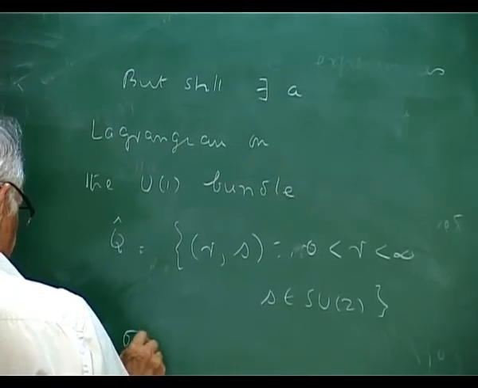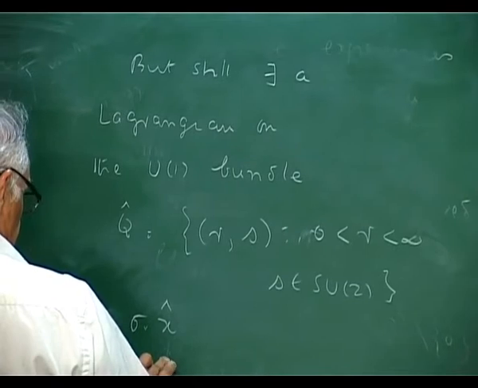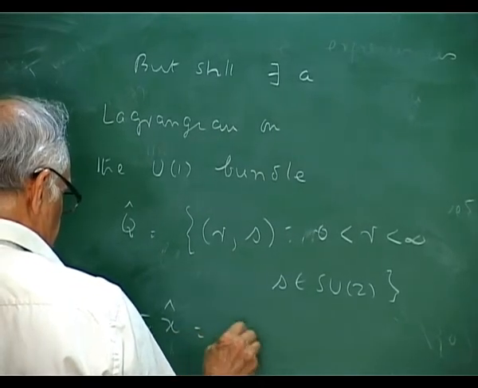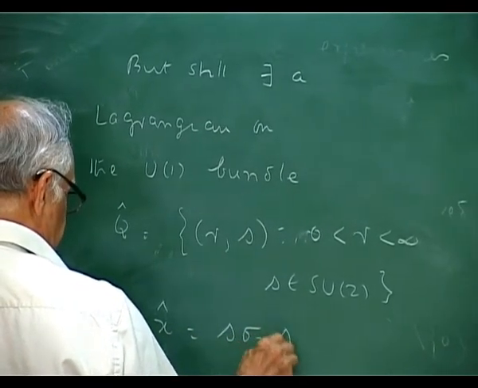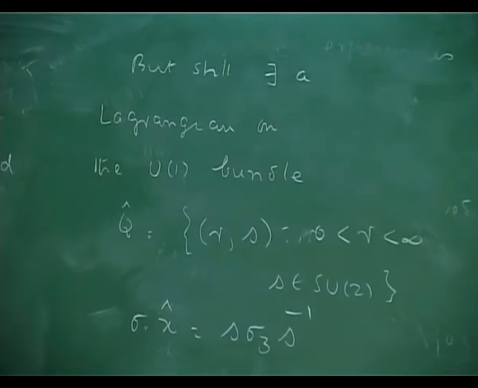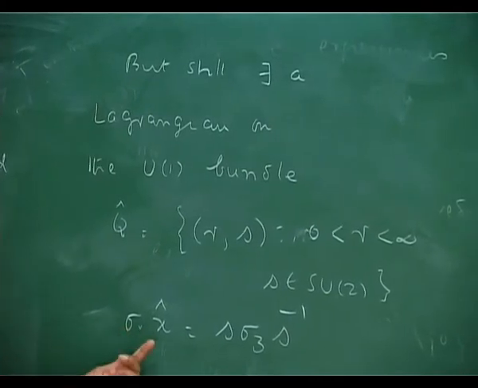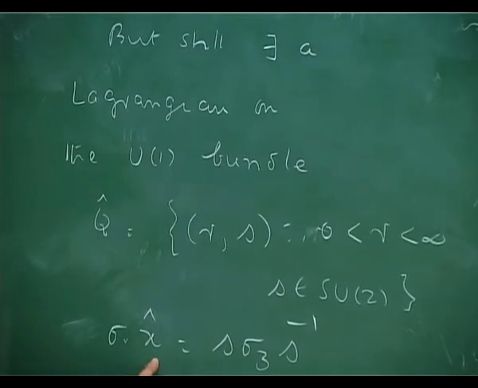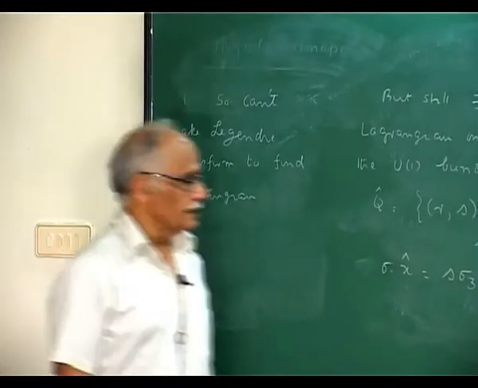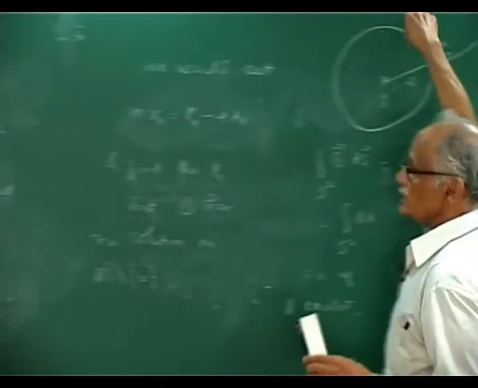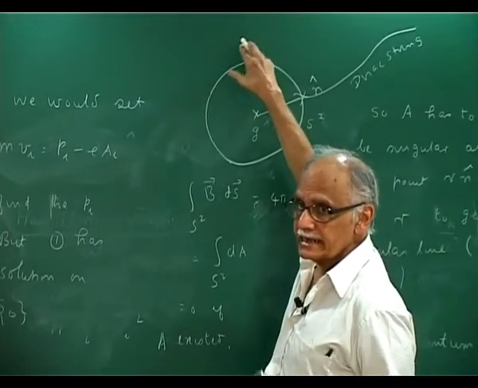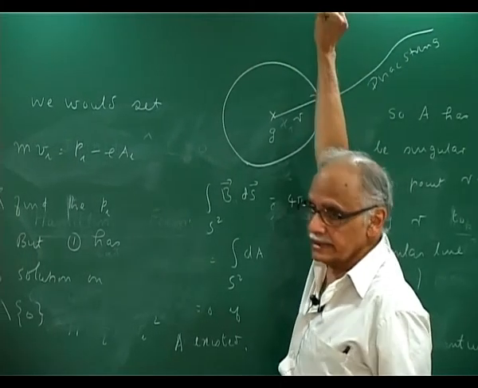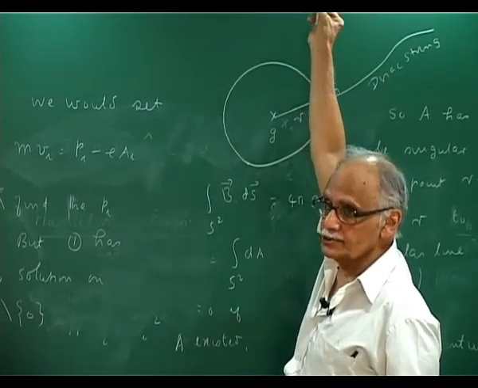So as usual we define the unit vector as S sigma 3 S inverse. Okay. This is similar to the bundle we defined for a spin.